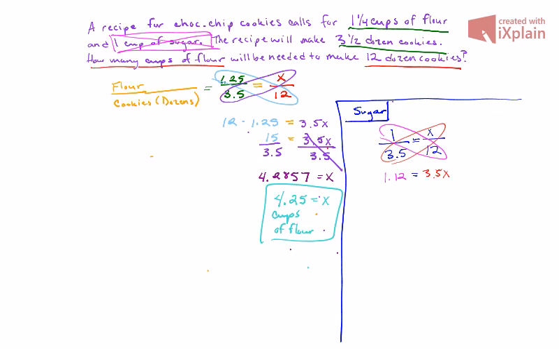This is going to leave us with 12 is equal to 3.5x, because 1 times 12 is 12. Divide both sides by 3.5, and we get that x is equal to about 3.4286.